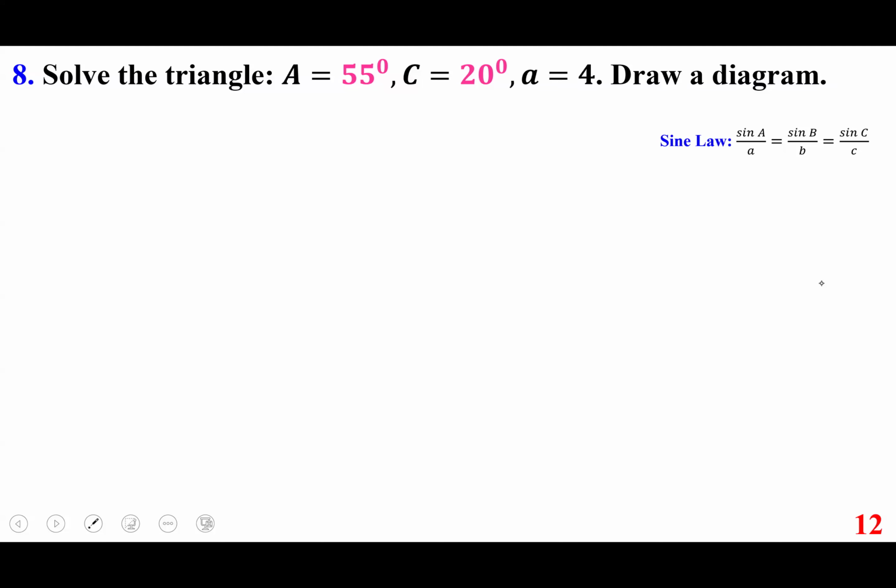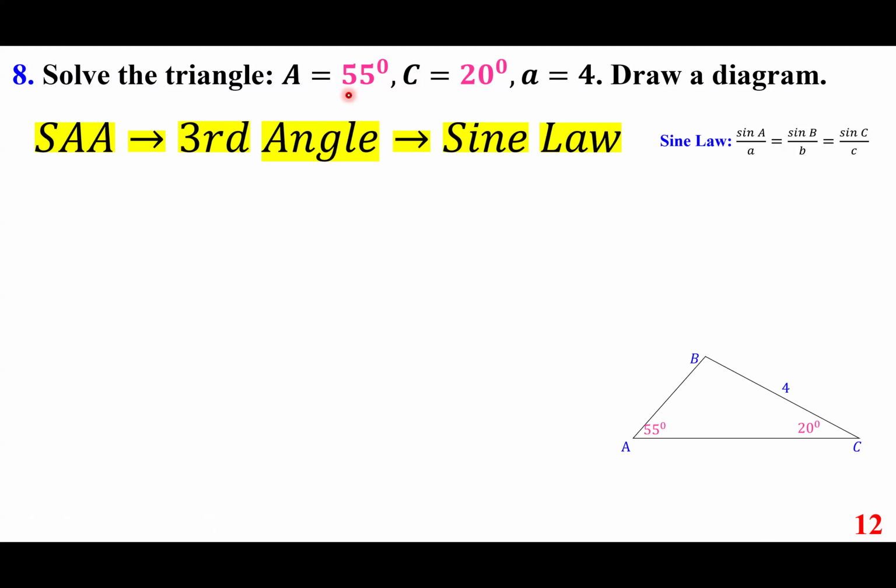Okay, we want to solve this triangle. A is 55 degrees, C is 20 degrees, and a is equal to 4. You want to draw a diagram just like before. And these are the two angles given. So obviously, we are going to use this one to find the rest of them, and the two angles are given.